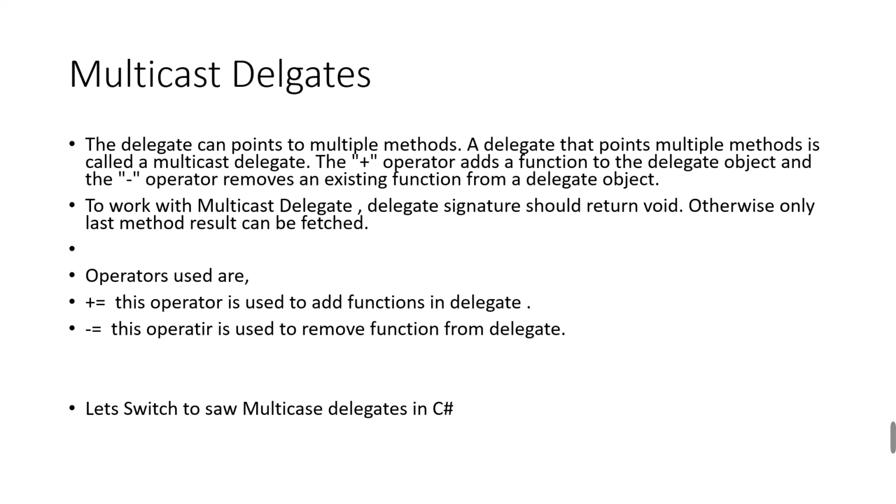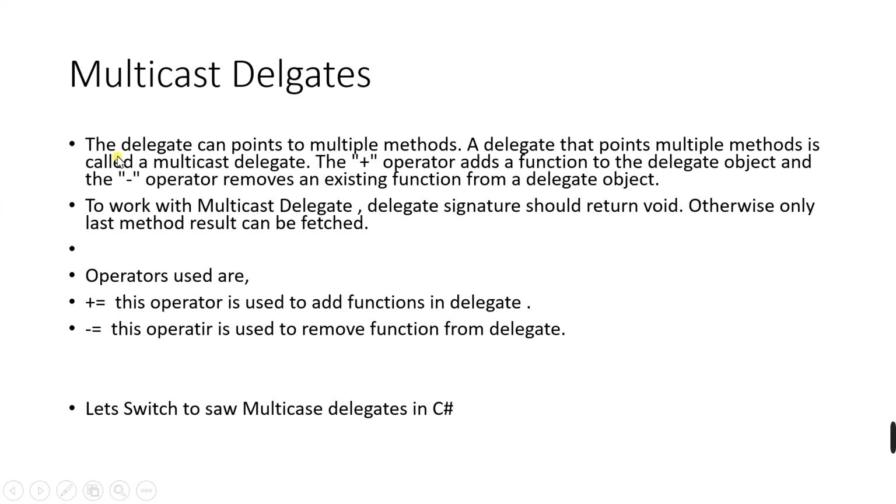How can we do that? We can use plus equal to, that means if we are concatenating our delegate objects one to another, then it is called multicast delegate. And if we are subtracting delegates, then we are removing one from the chain of the delegates.